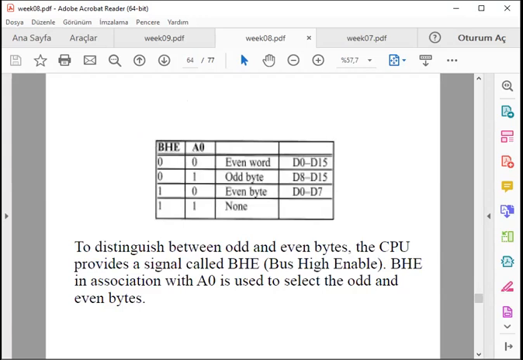And this is the logic diagram or utilization of bus high enable and A0. A0 is the least significant bit of the address bus. So 0 means the even part and 1 means the odd part.